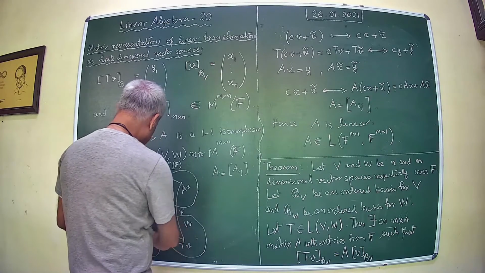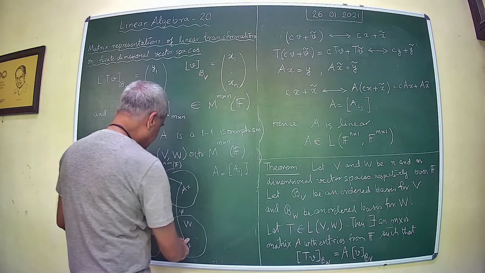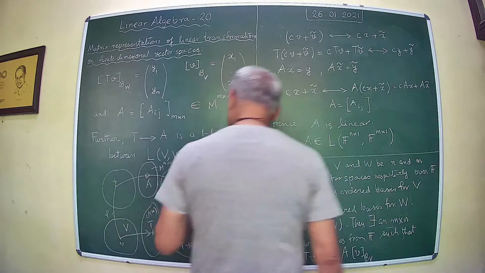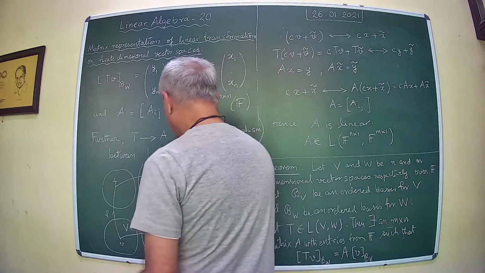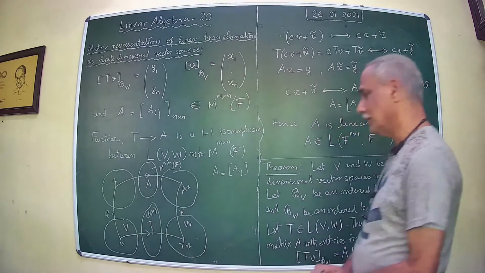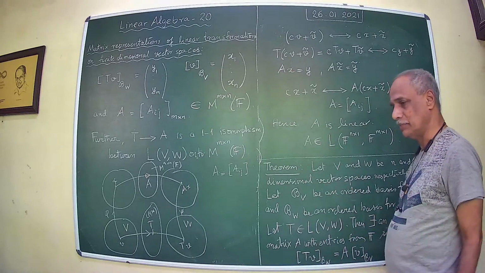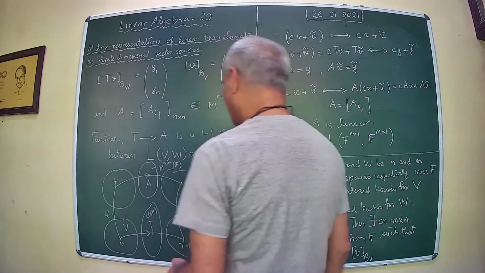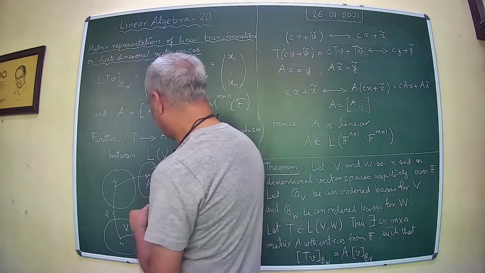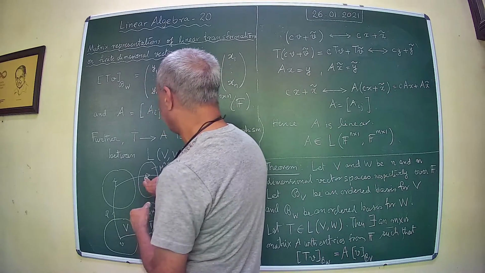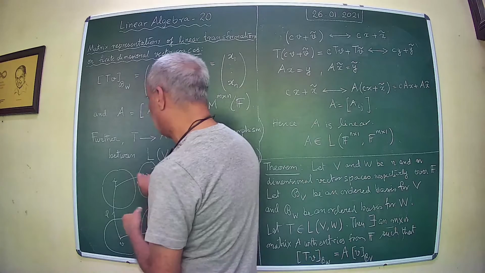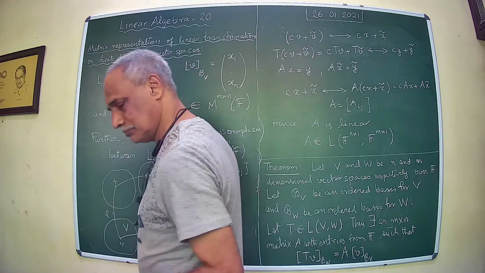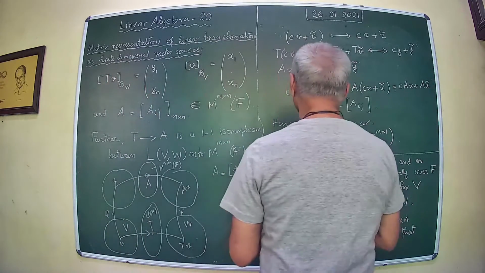Now write T of v equal to the image element w here. That gives you a transformation T and it is linear. Okay. So corresponding to each T, it fixes an A. If you take an A here, it fixes a particular T.